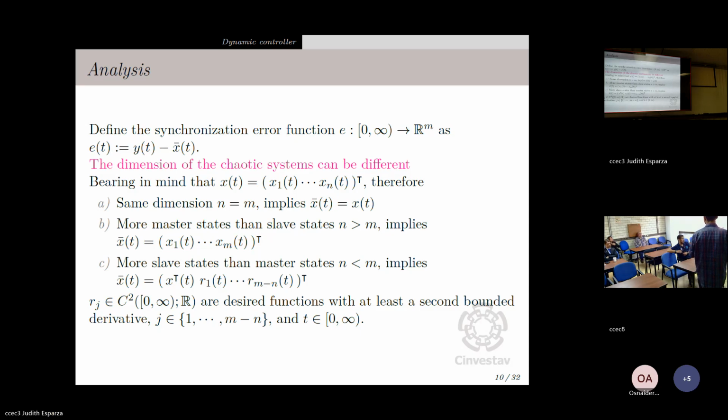Yeah, I was wondering somehow, and actually I thought at the beginning, why not put just 0? That's the case you show in the numerical simulation. But I was wondering, in case there is a sort of combination of the master systems, could it be the desired behavior of the leader signal?